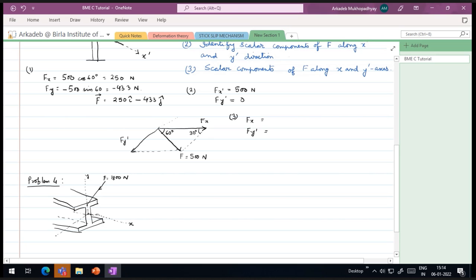And along this direction you have the Z direction. O is your origin.